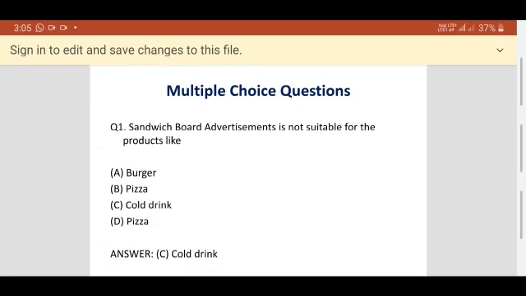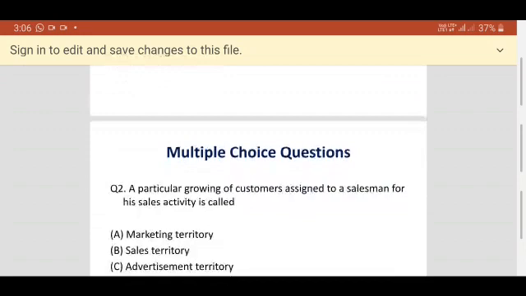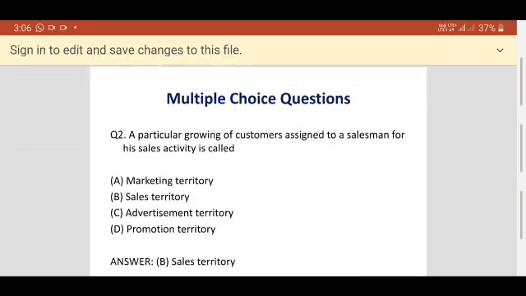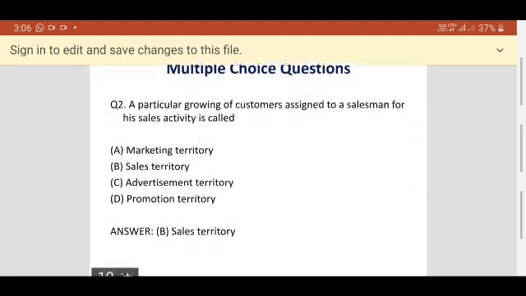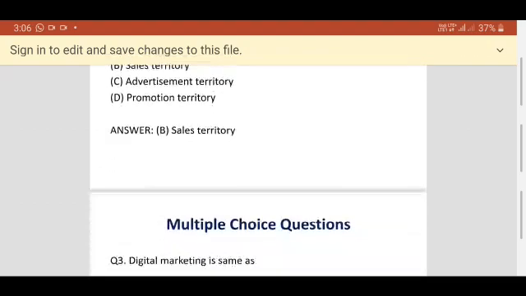Sandwich board advertisement is not suitable for cold drinks. Next, a particular group of consumers or customers assigned to a salesman for his sales activity is called: marketing territory, sales territory, advertisement territory, promotion territory. The answer is sales territory.